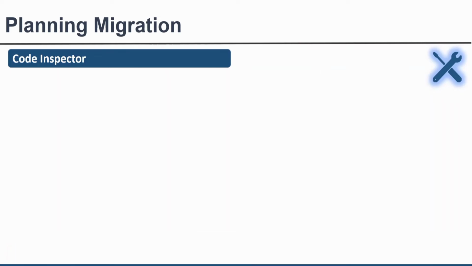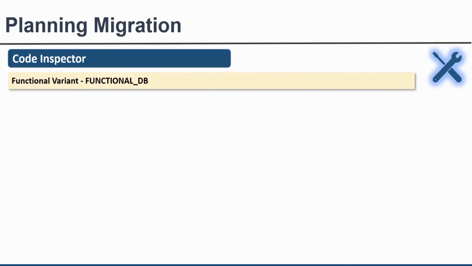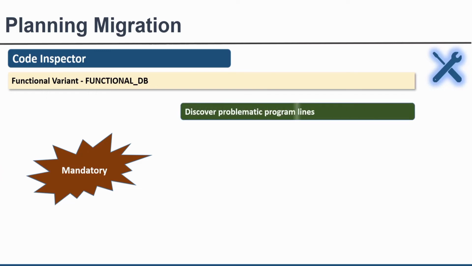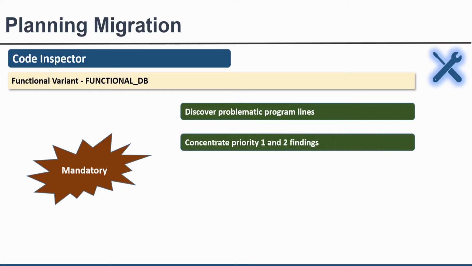More details on the functional variant, functional DB. This is the mandatory Code Inspector check variant for HANA migration. There are certain problematic program lines which may lead to functional variances if not fixed. So this variant helps to discover them. Though priority 1 and 2 findings are highly concentrated, priority 3 level notifications are also checked.